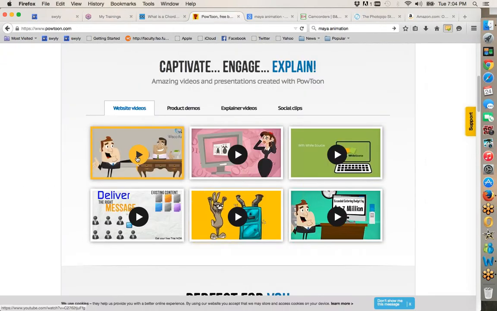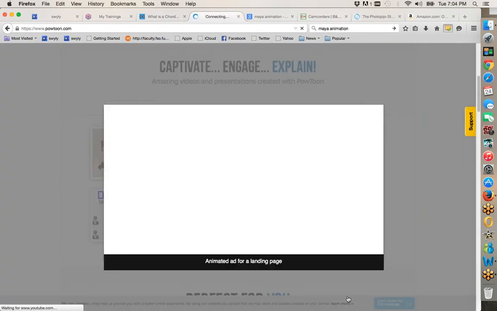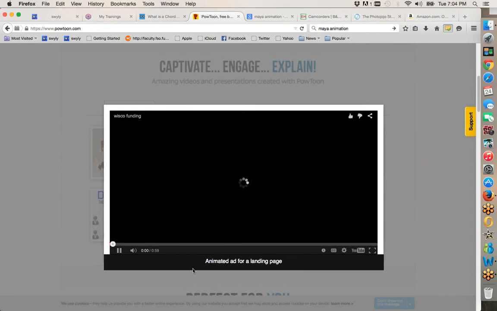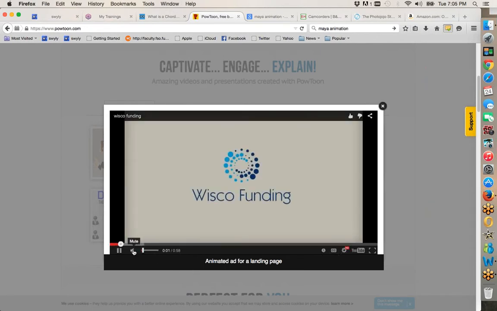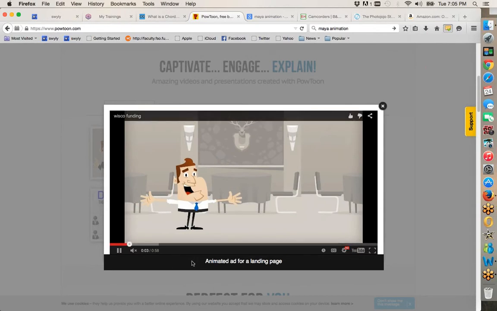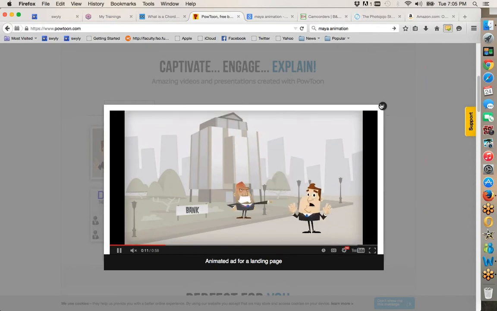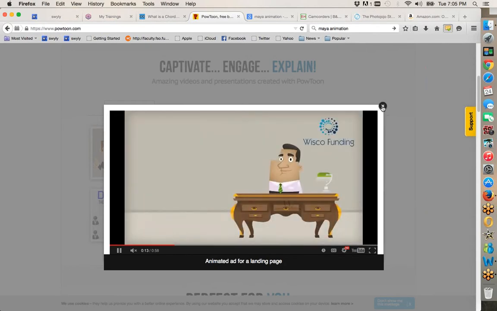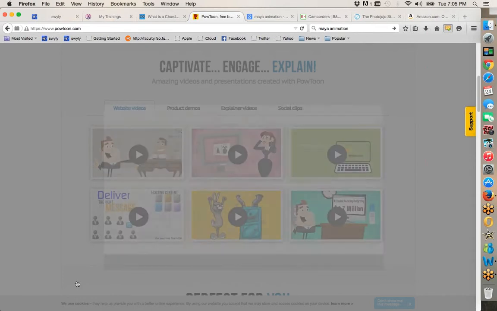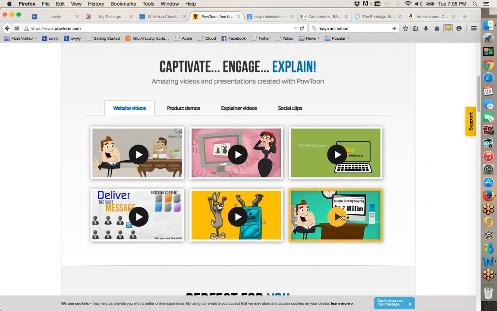And then we get into something like Powtoons, which, again, a lot of people have used. I'll mute it. And you look at this and you say, okay, well, that's a little bit more what I wanted. I wanted to have characters and everything. The problem with this is that as you get into this, you'll start to notice that it's the same characters.